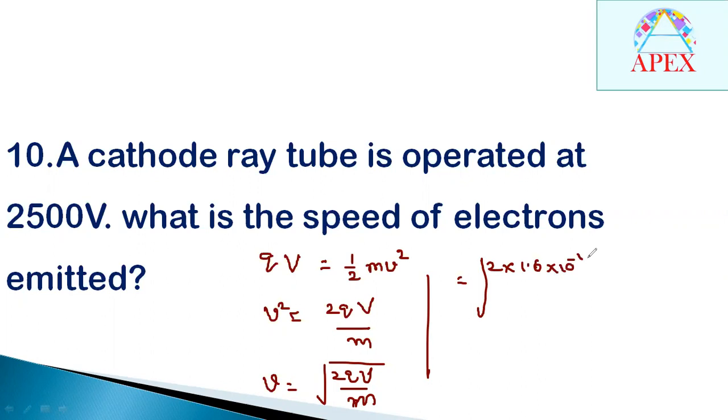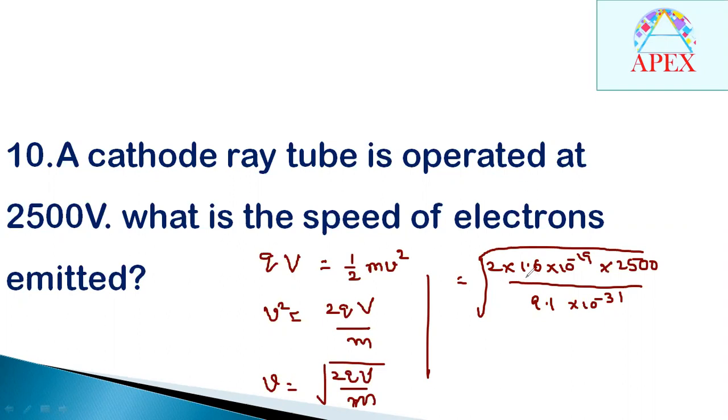1.6 into 10 power minus 19, into what is the voltage? 2500 volt, divided by the mass of electron, which will be 9.1 into 10 power minus 31. So 2 into 1.6 is 3.2.